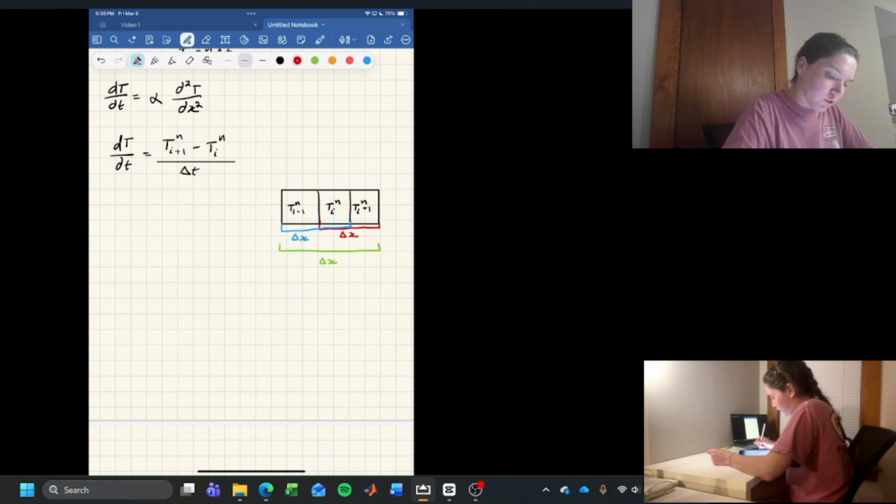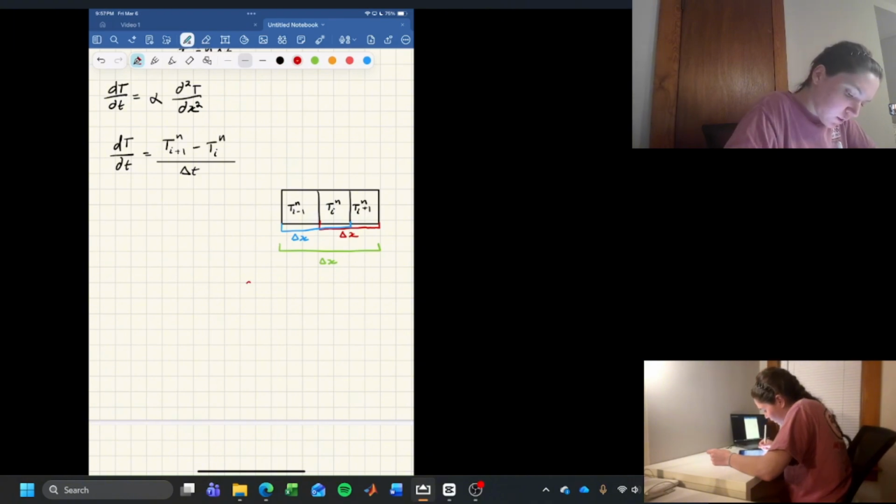So we can say that for this red section, the change in temperature over the change in position is equal to temperature of i plus 1 minus temperature of i over the change in position.